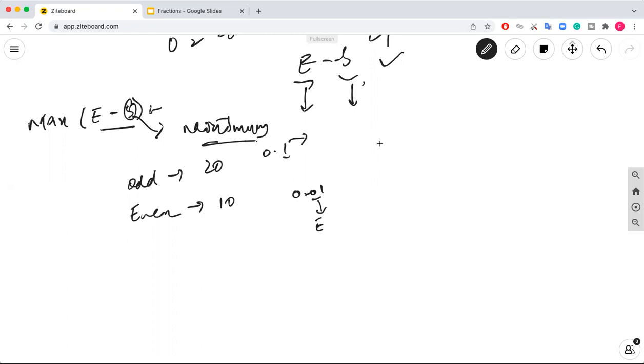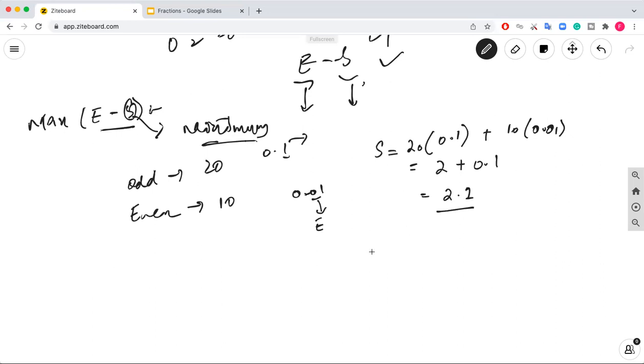Now what is the actual sum? We have 20 odds, so 20 into 0.1, and 10 even, so 10 into 0.01. So this will be 2 plus 0.1, which is 2.1.